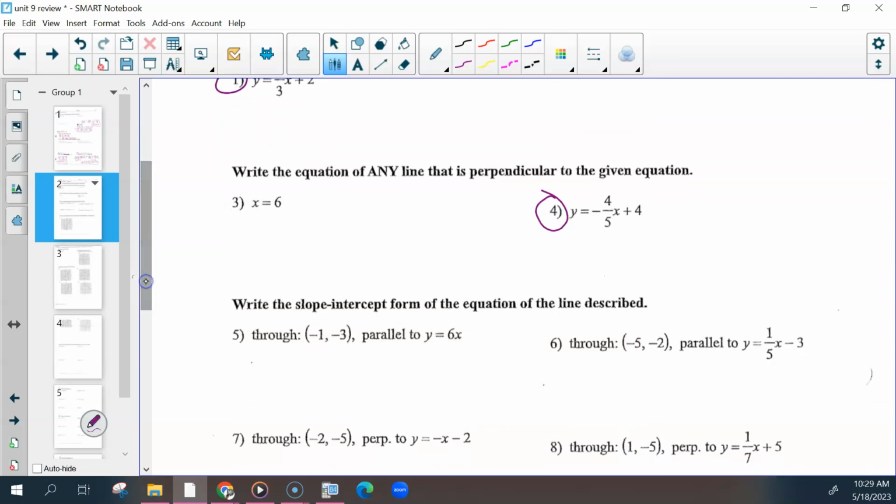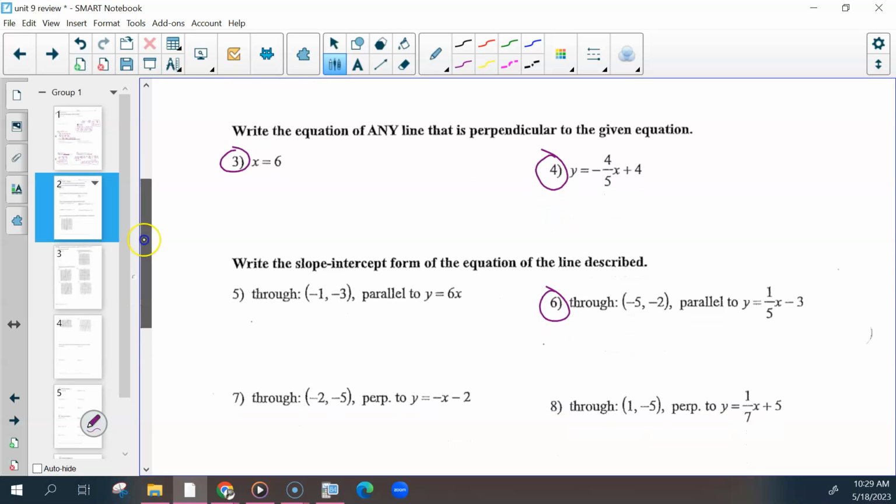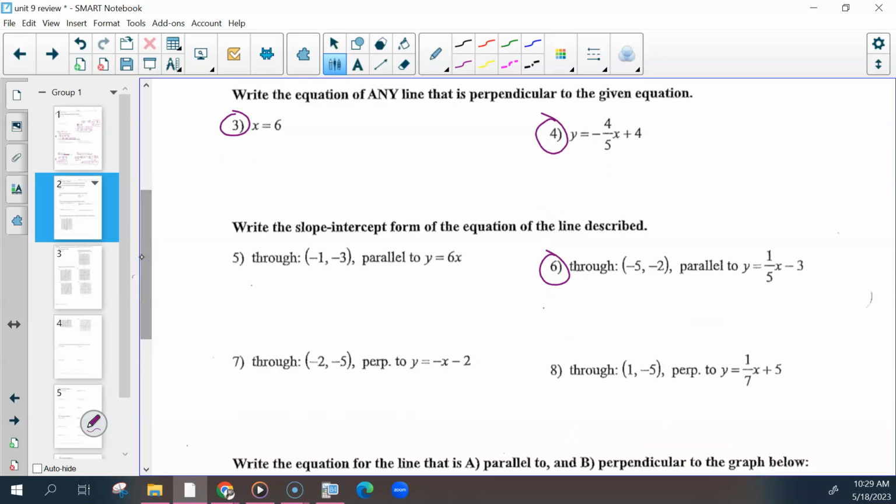Any in this objective or this part? Six. We could do 3 as well. I think someone said 3. Any others? Okay, so we'll start with 1.